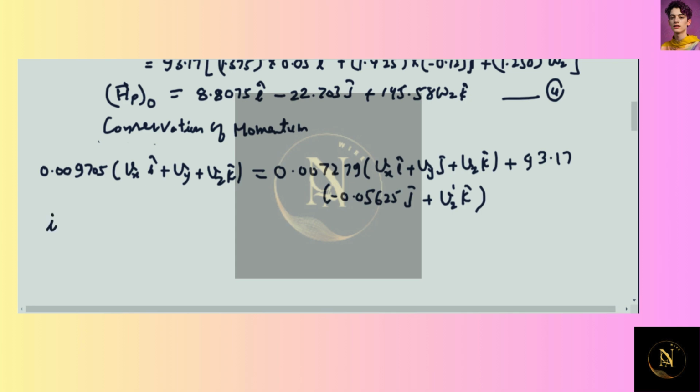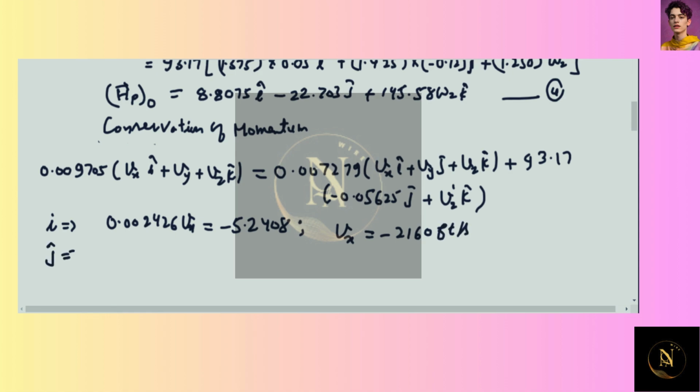Equating the coefficient of i cap, 0.00242 Vx is equal to minus 5.2408, so Vx you will get as minus 2160 feet per second.